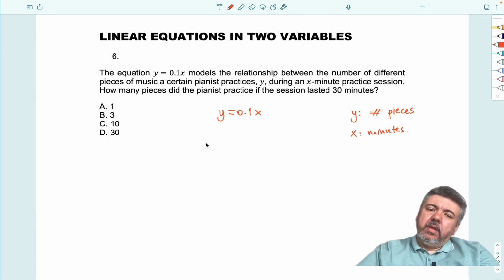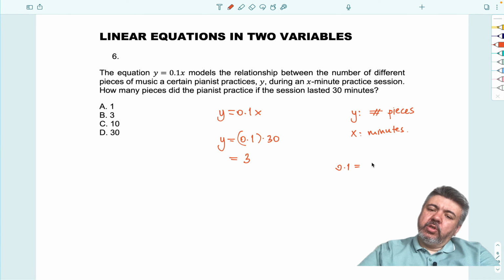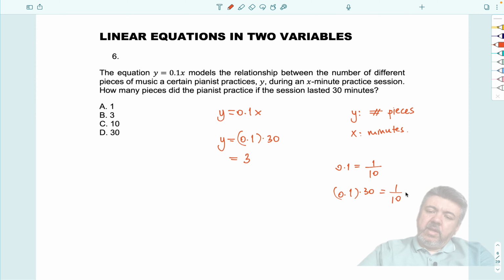Okay, that means x is 30. y equals 0.1 times 30. 0.1 times 30 is actually 3. 0.1 equals 1/10, so 0.1 times 30 is 1/10 times 30. When you cancel them, it's going to be 3 pieces of music.